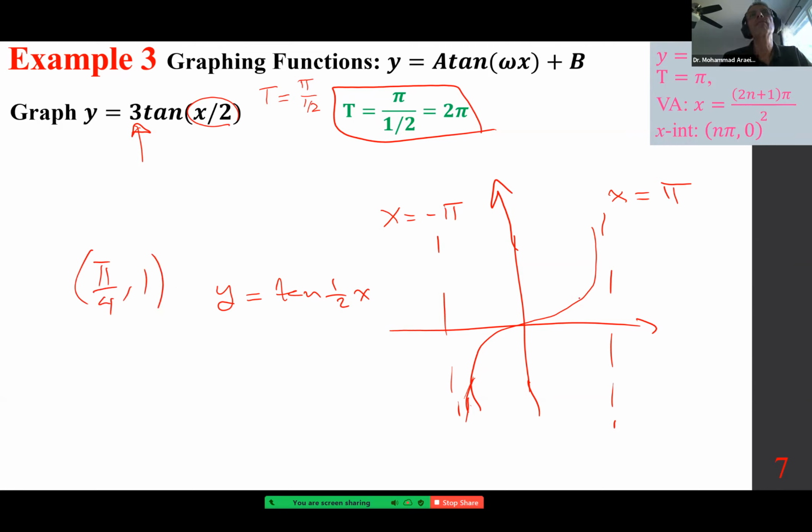Now we have pi over 2, 1, because we are stretching it along the x-axis. And now when we multiply by 3, this point goes to pi over 2, 3. This would be for 3 tan x over 2.